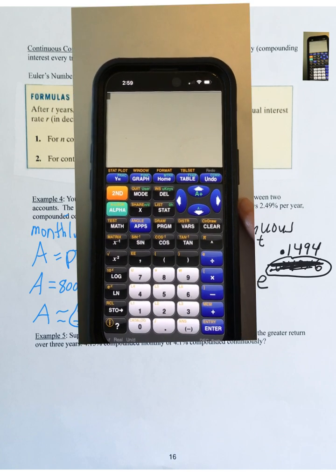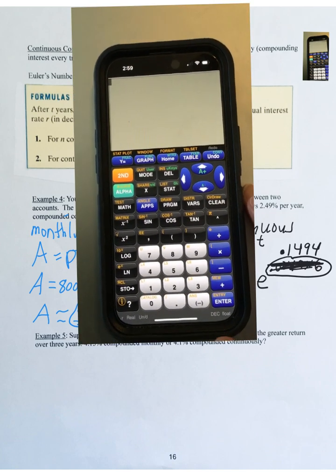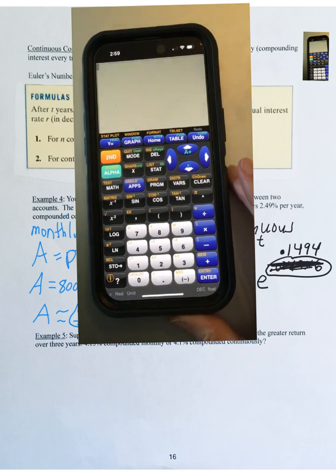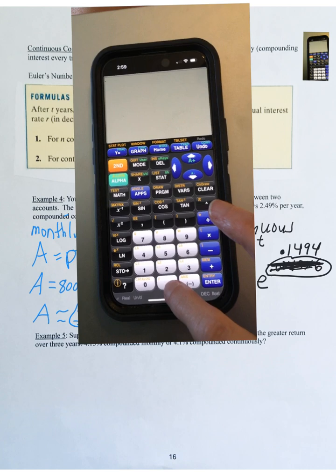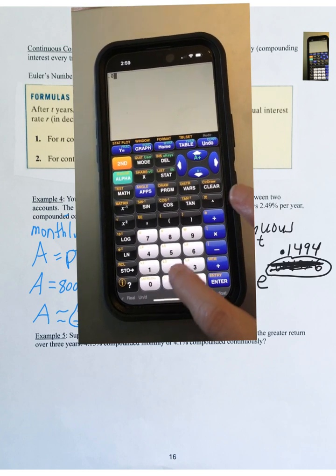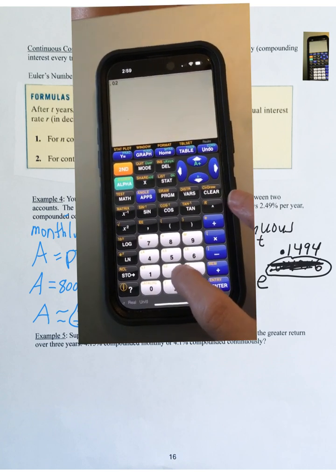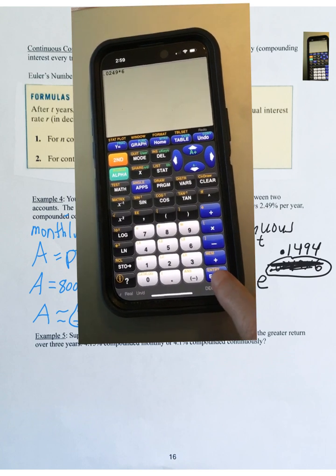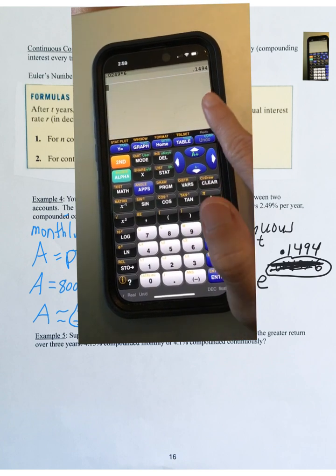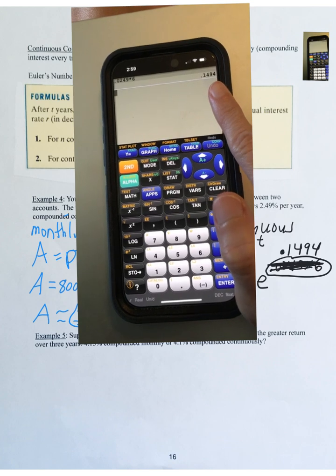So I just did the exponent first to be consistent with the other formula. So that was decimal point on the bottom row of the graphing calculator, 0.0249 times 6, enter on the bottom right corner for equals. That's where I'm getting that 0.1494.